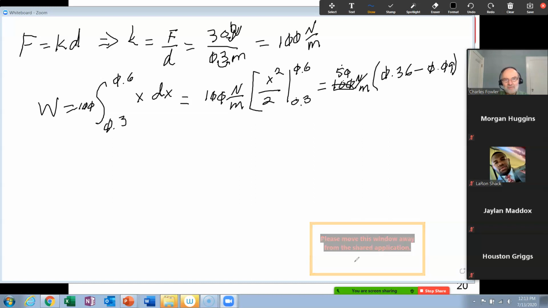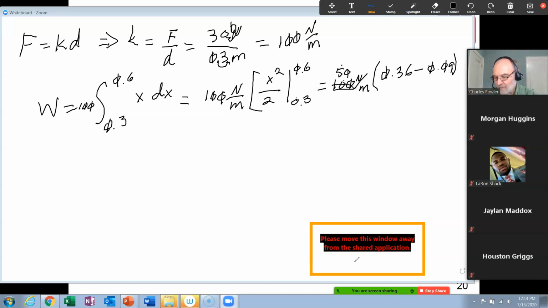That I believe is 0.27. I didn't need parentheses because I did that in my head. All right, I got 13.5. I think that's what the book got.